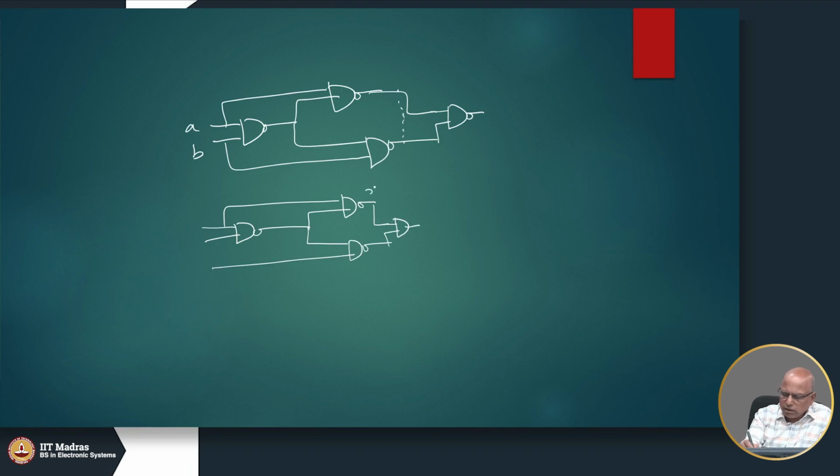So X and Y are feeding a fictitious AND gate, and the output of the AND gate feeds both these gates. The effect of the bridge between X and Y is that this fictitious gate gets introduced.